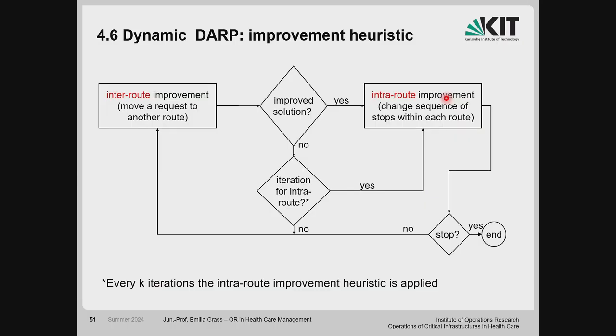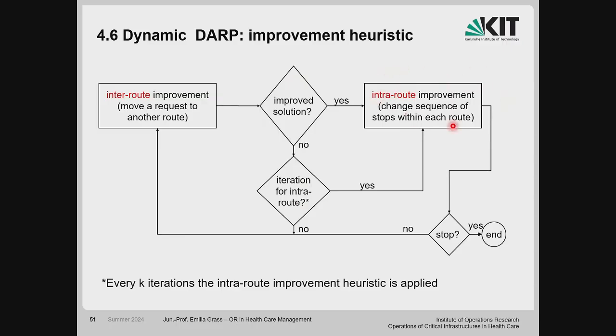Maybe an idea why we are doing that. With this improvement, with this patient move, we move patient 1 to another vehicle. The solution doesn't improve, but we did 15 iterations, and then we are forced to do the intra-route improvement.